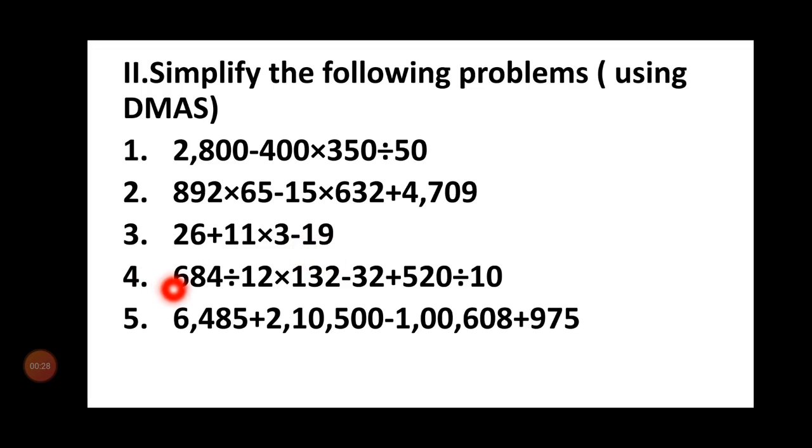And fourth one, 684 divided by 12 into 132 minus 32 plus 520 divided by 10. And fifth one, 6485 plus 2,10,500 minus 1,608 plus 975.